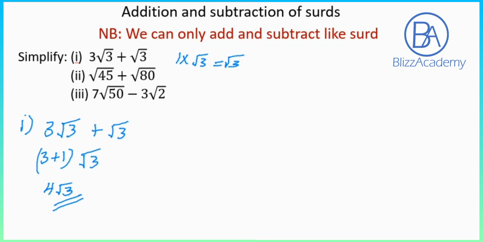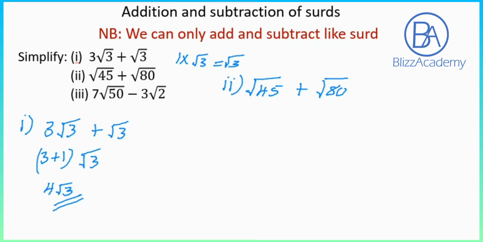Okay, let's look at part two. We have the square root of 45 plus the square root of 80. Now, these surds are not in a similar form, or they are not like surds, so we have to reduce or simplify them to become like surds.